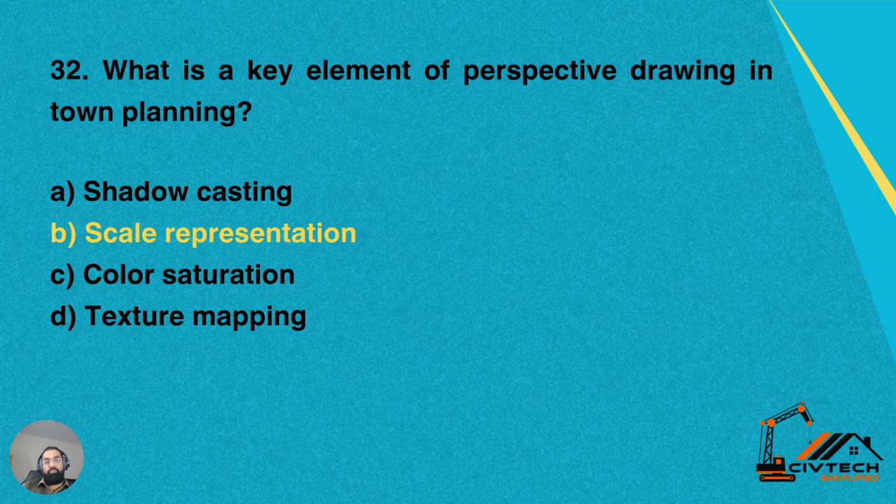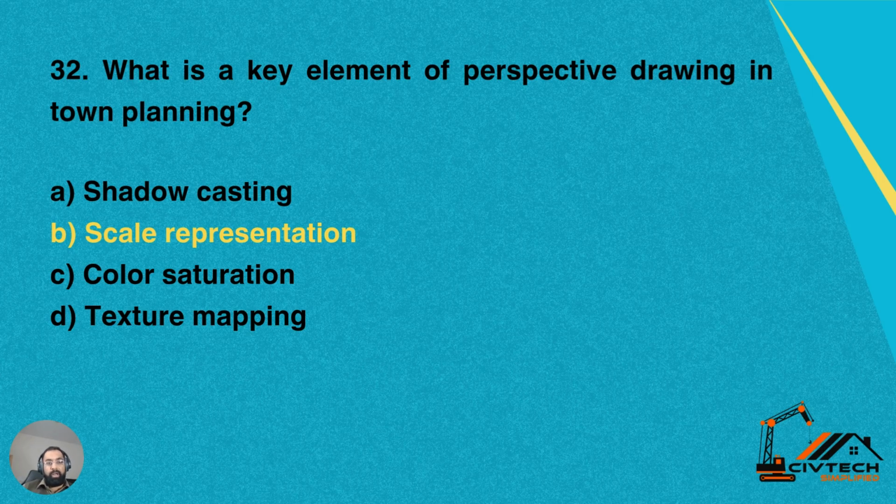32. What is a key element of perspective drawing in town planning? While we make the drawings, all engineers should know that there is an important thing for each and every design, and that is the scale of that design. Here we have the options: A, shadow casting; B, scale representation; C, color saturation; D, texture mapping.